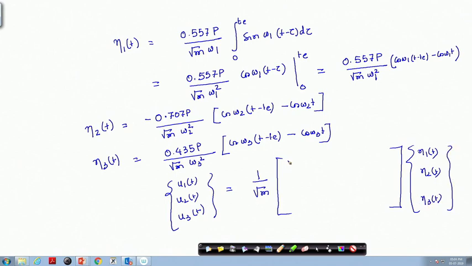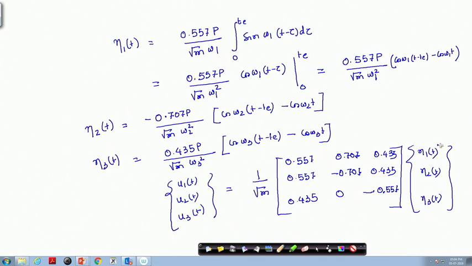So, this is going to be the matrix with rows 0.557, 0.707, 0.435; 0.557, 0, minus 0.879; and 0.557, minus 0.707, 0.435.